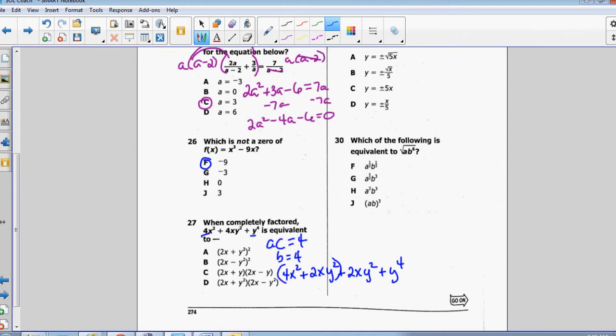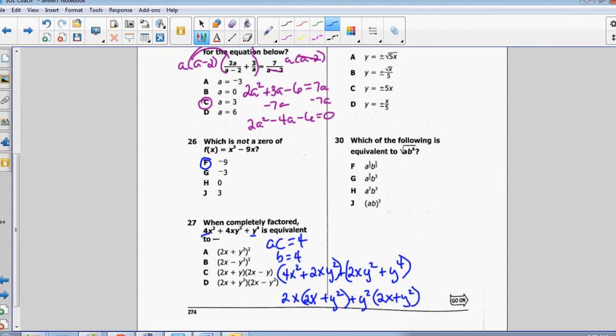So you put parentheses around the first 2 and the last 2. And the greatest common factor of the first 2 is 2x, and that's times 2x plus y squared. And the second pair of parentheses, the greatest common factor is y squared. So I have y squared times 2x plus y squared.